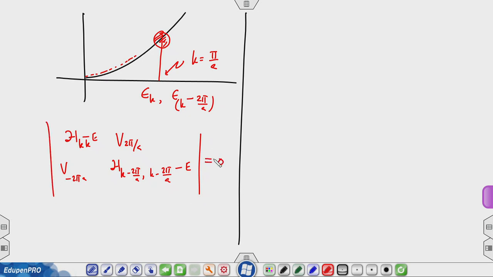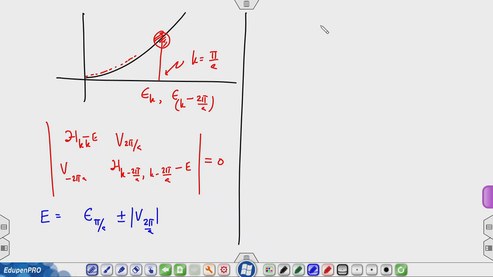And you solve it, what you are going to get is E equals, since epsilon k or k minus 2 pi by a is the same, epsilon pi by a plus minus mod V 2 pi by a. Only taking one term in that perturbation that was blowing up.